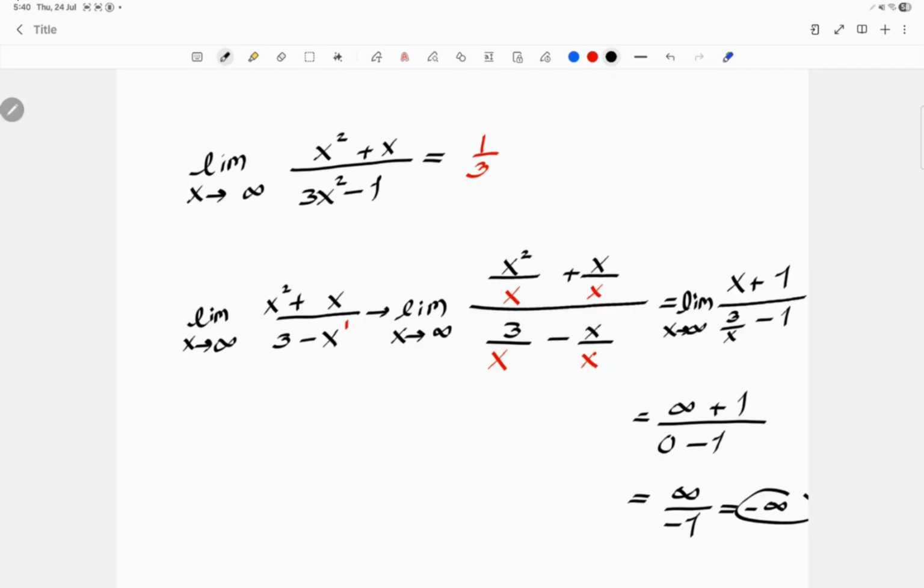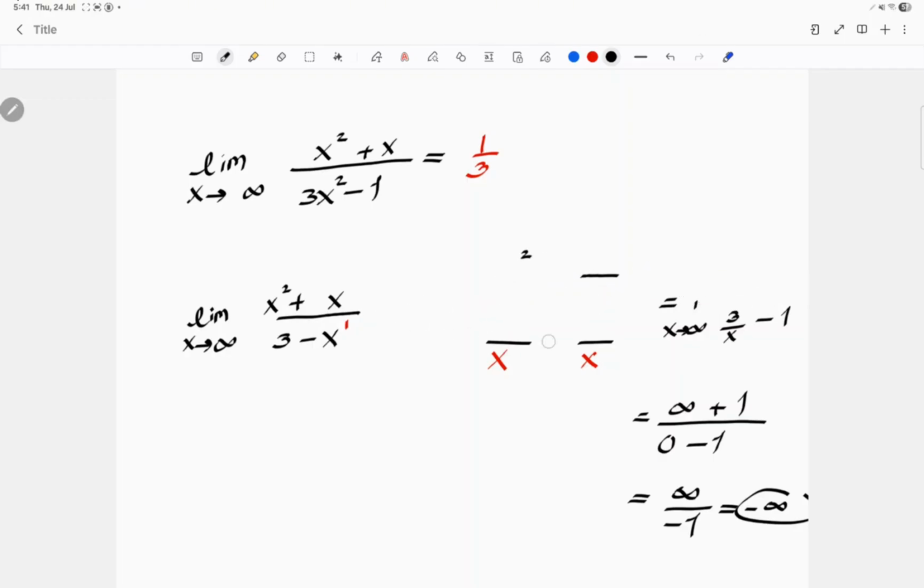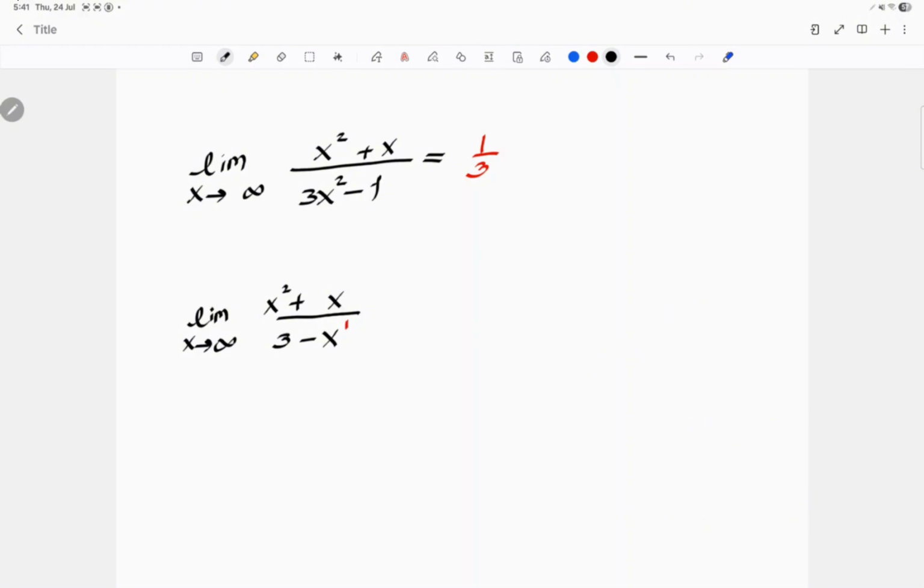Okay, so let's just recap it then. We said when the highest powers of the top and the bottom don't match, divide every single thing by the highest power of x in the bottom. As of now, the highest power of x in the top is 2, and in the bottom is 1.